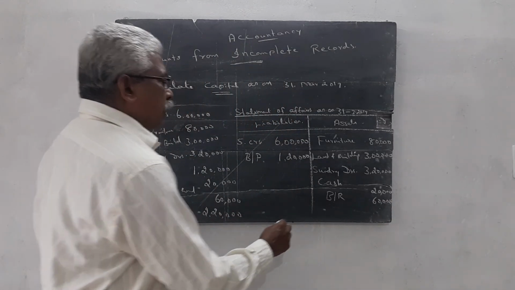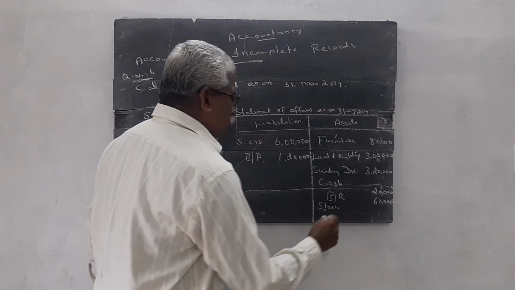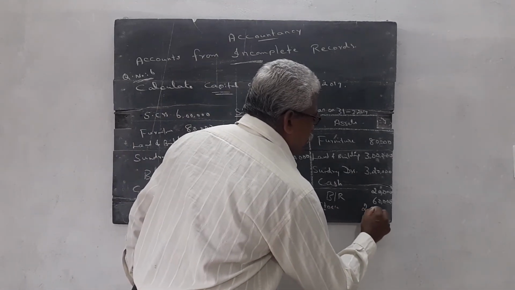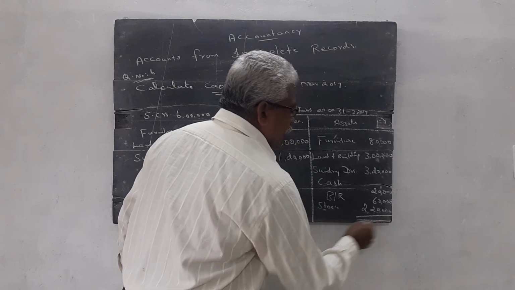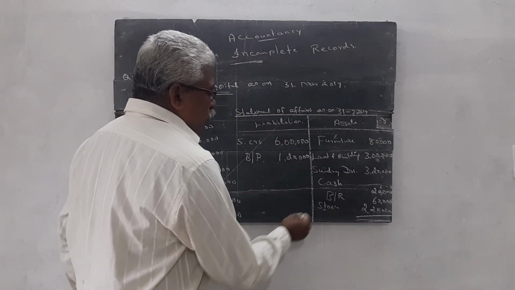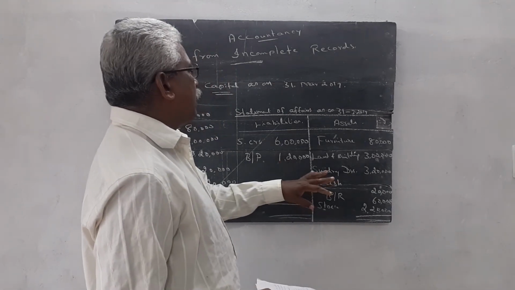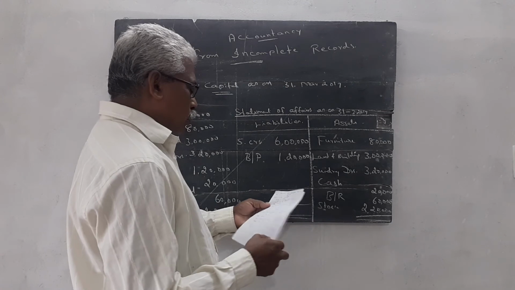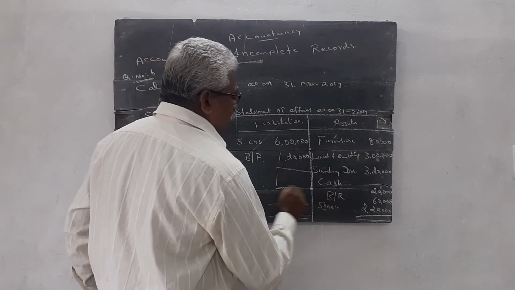Stock is also an asset, it comes in the asset side, 2,20,000. So we have to total both sides. If you tally it, the capital amount is also given. In this question, capital is not given. So the difference is calculated as capital.